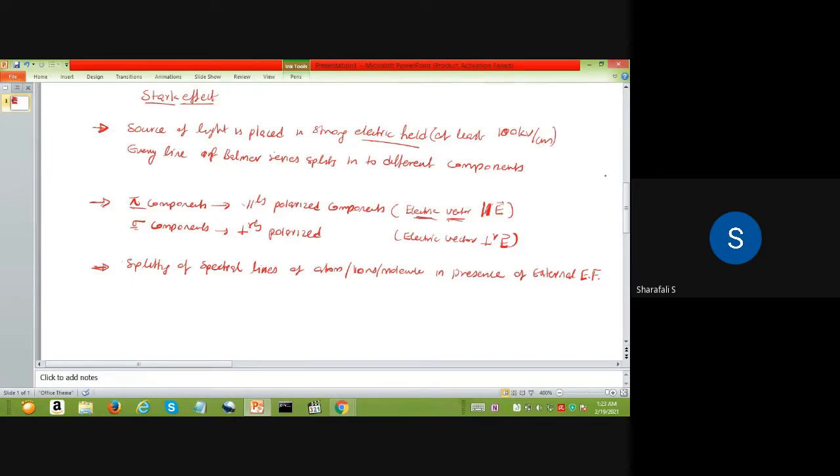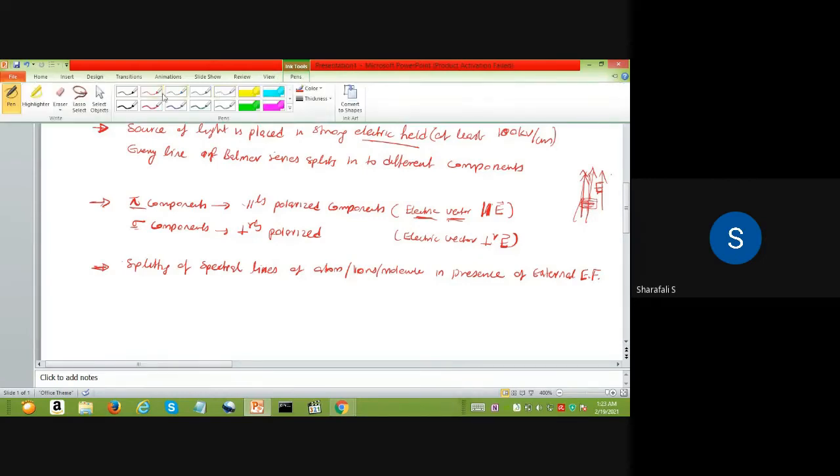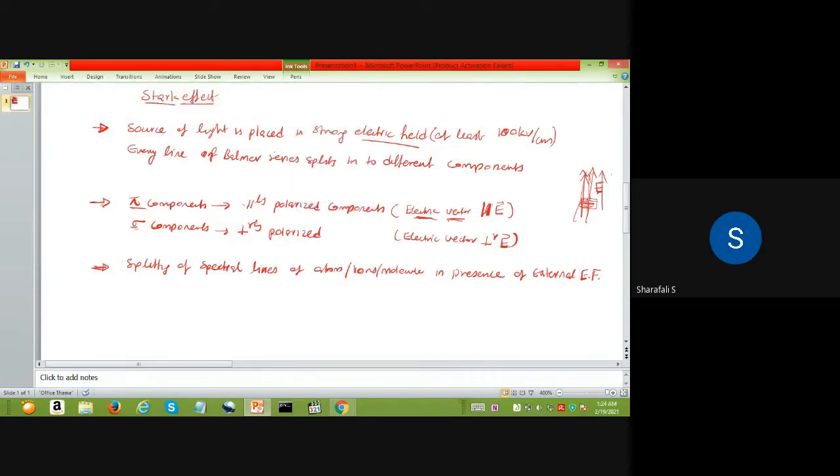You will be applying, for example, electric field in this direction, and your sample is there in this electric field. Your source is here. So you are applying this electric field in this direction, like this. So the light which is coming out of this material after Stark effect can be in this direction, which means that its electric field direction can be in this direction or it can be in this direction.